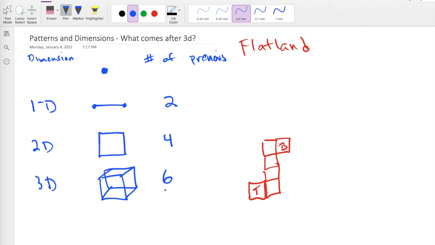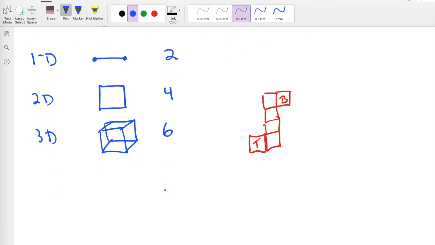If we were to continue this pattern, we can see what a 4D shape's properties might be. So we don't know what it looks like. There are guesses. And really the shapes we see on the internet are technically not 4-dimensional. We'll explain that in a moment. But we can predict that they're going to be using 8 cubes.